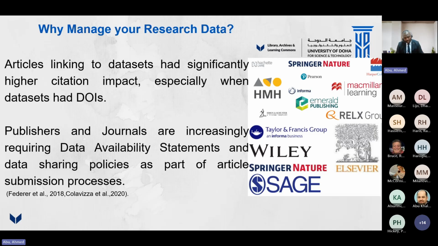Journals and publishers now have a section called the data availability statement where you declare your data. When I checked UDST-affiliated articles, I used about 50, and most of them are saying data will be provided upon request. I suggest that we do it more properly. There's nothing wrong in saying that, but it's very important for you to state the reason why the data will be provided upon request.